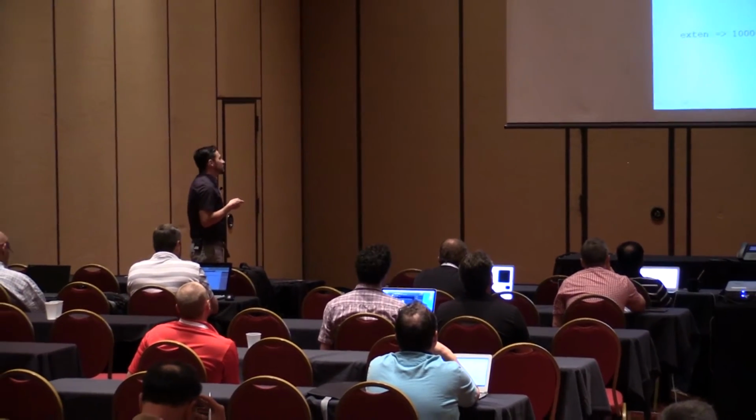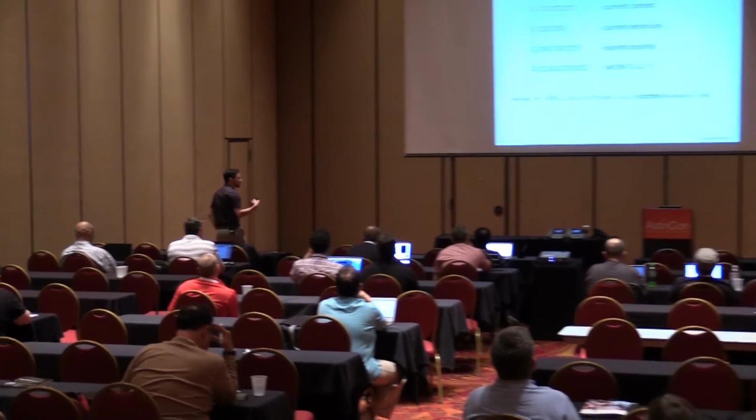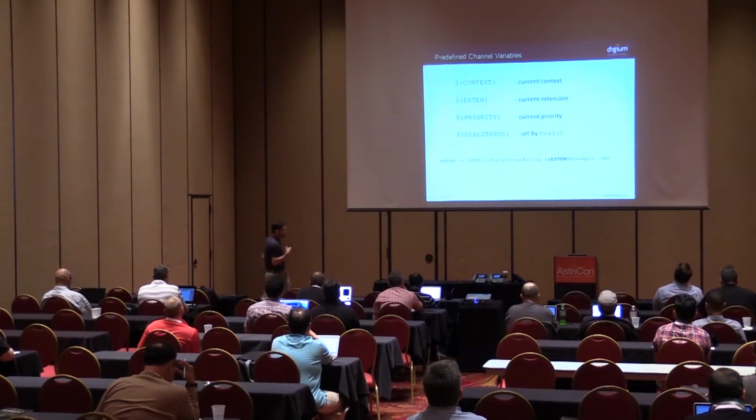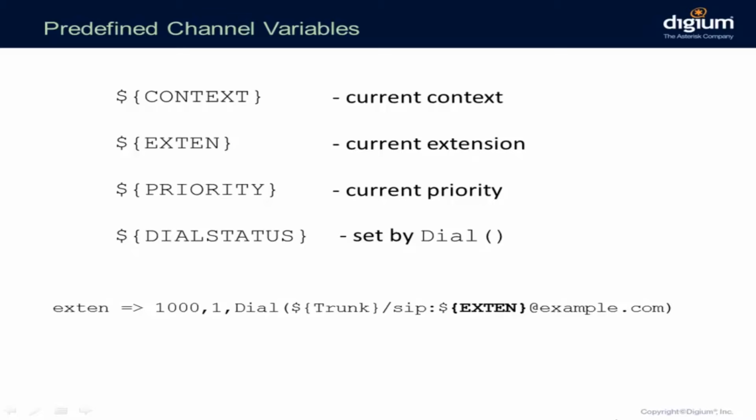One that is very important is EXTEN, the value of the current extension. So if you pick up your phone and dial 100, the value of EXTEN is going to be 100, right? That is probably the most useful channel variable. I'm not saying that the other ones are not.